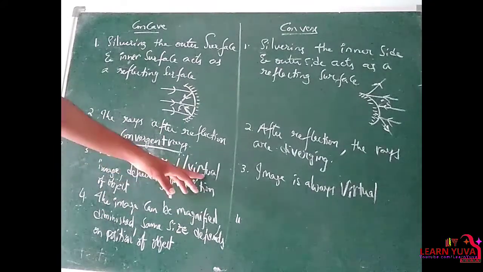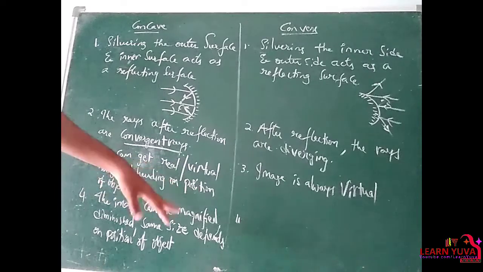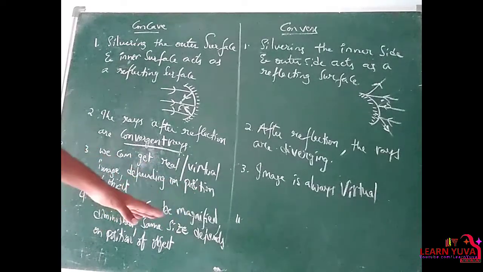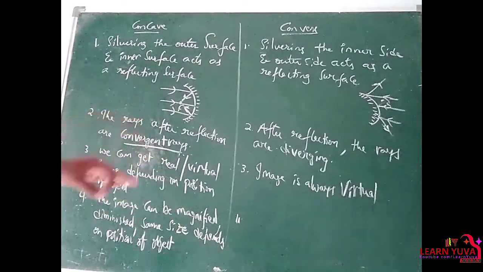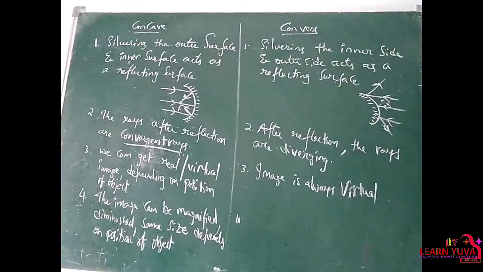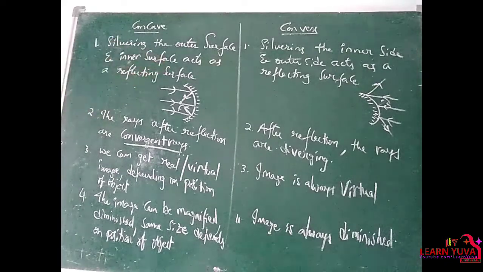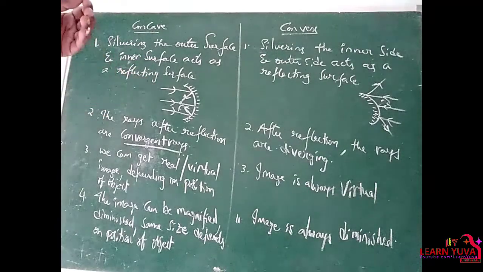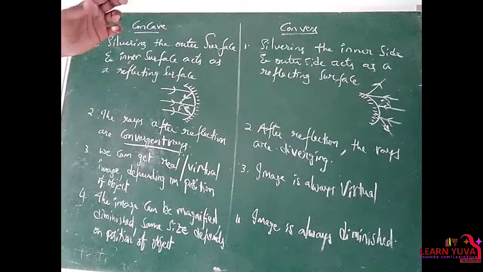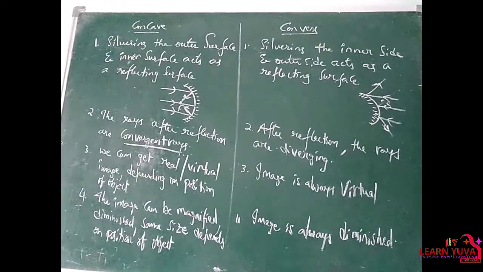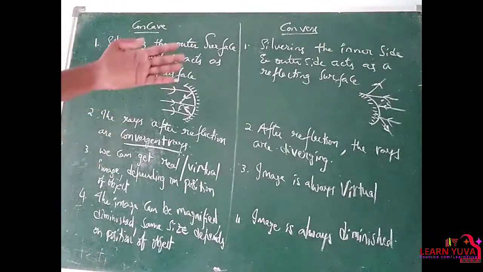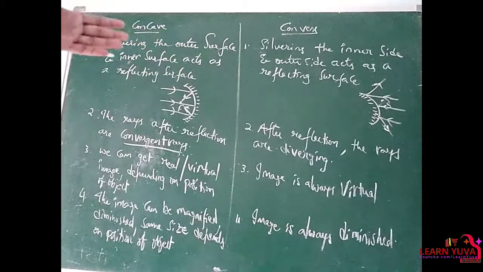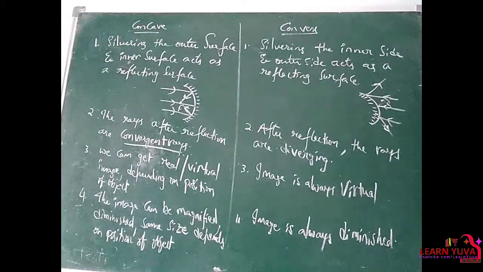We can get real or virtual images, and the size of the images, magnified, diminished or same size, also depends upon the position of the object which we place. In the case of the convex mirror, we get an image which is always diminished, that is, always smaller in size than the actual object. So these are the major differences between concave mirror and convex mirror, right?